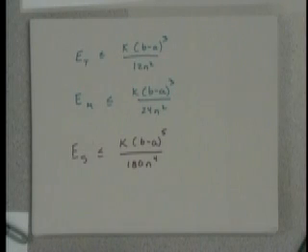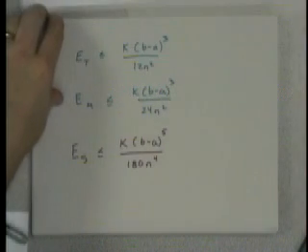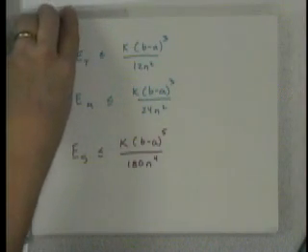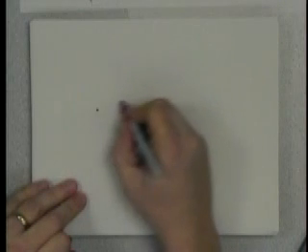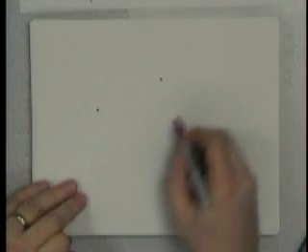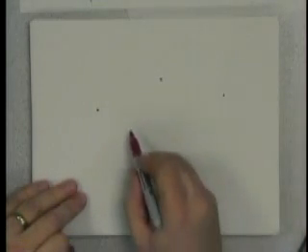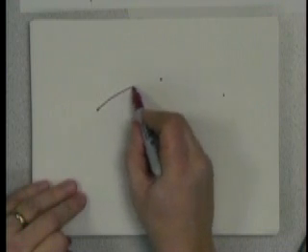Now what we're doing with Simpson's rule is we're going to use parabolas instead of trapezoids. So we're going to connect parabolas together. If I had 3 points, I can connect a parabola through any 3 points.